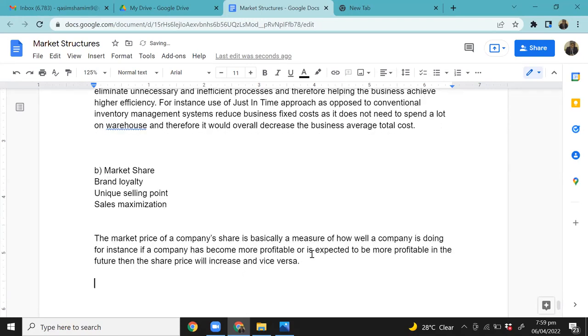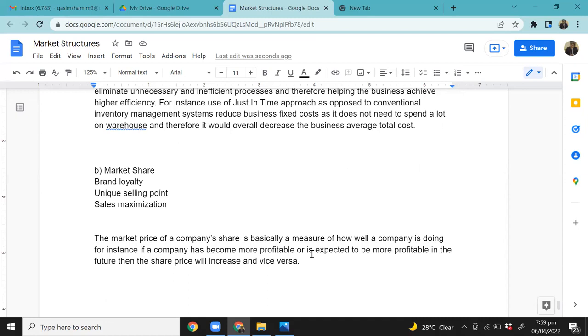So that's the idea. Is this making sense? So the share price of a company is a representation of how well a company is doing. If a company is expected to become more profitable in the future, or if it has already become more profitable because of its good performance, right?